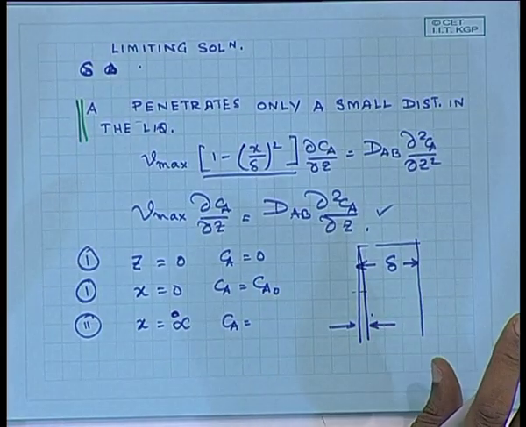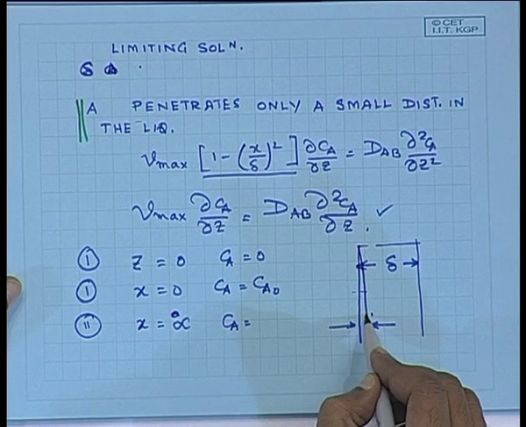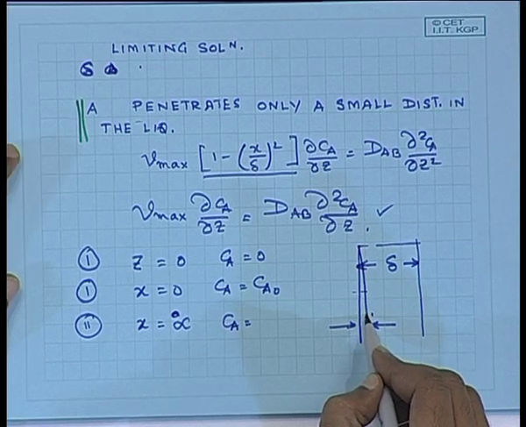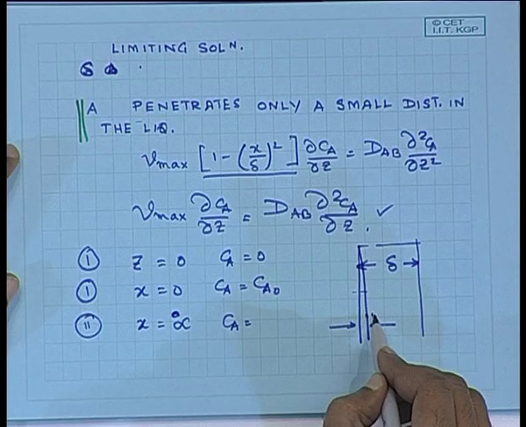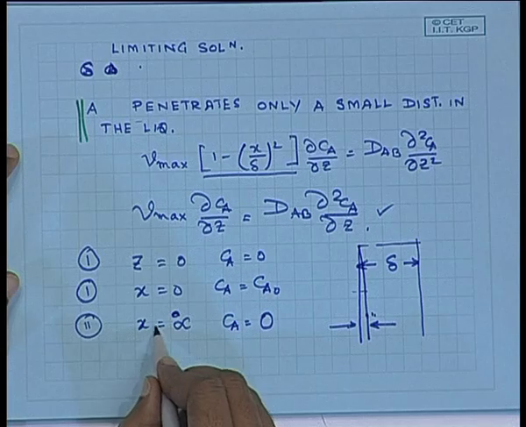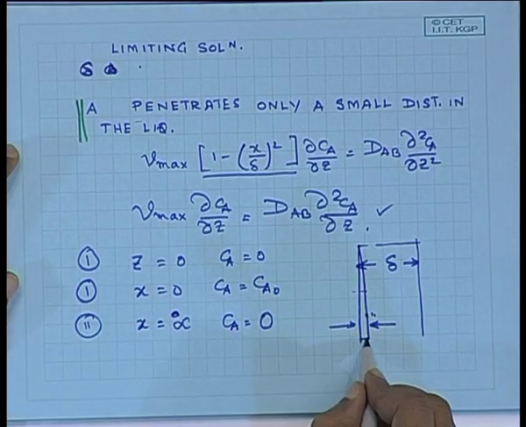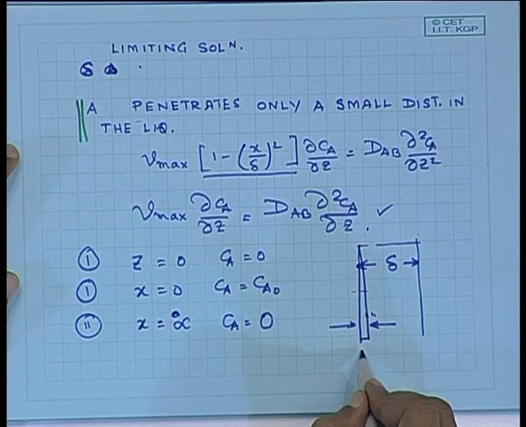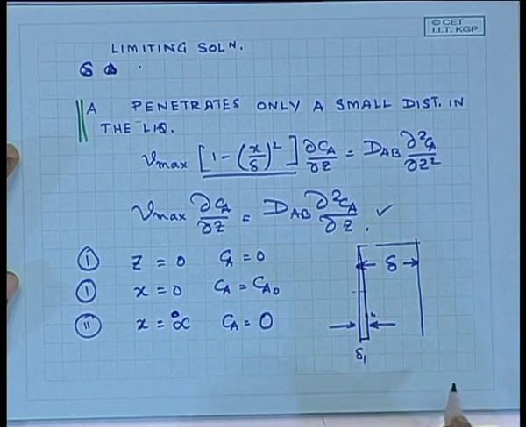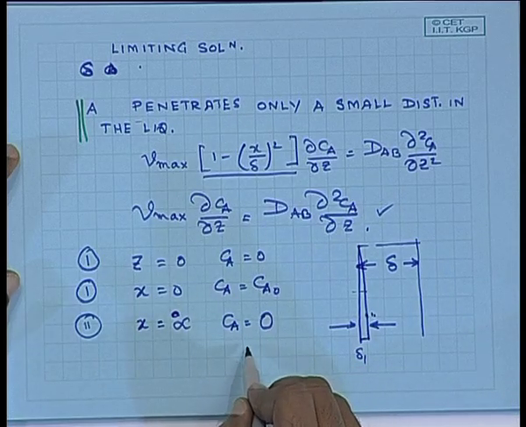0. Is that clear? So if I go beyond this layer, which we have ourselves said is very thin, the Ca has to be equal to 0. So for any value of x greater than this, if I denote it by delta 1, if x is greater than delta 1, my Ca should be equal to 0.